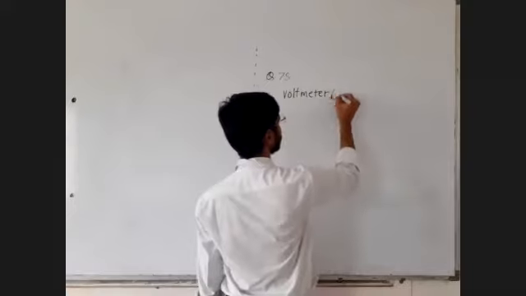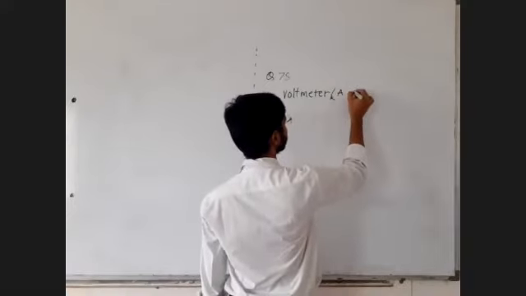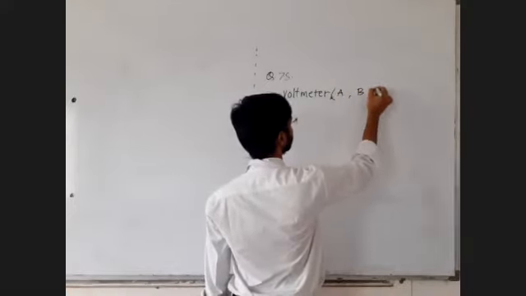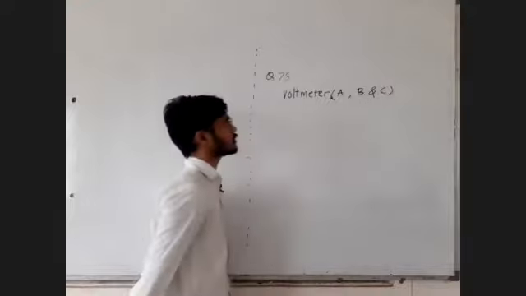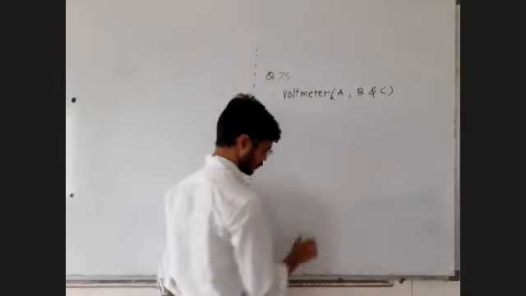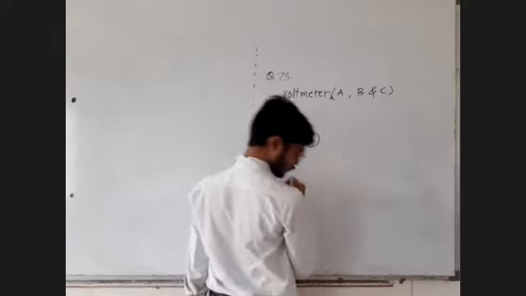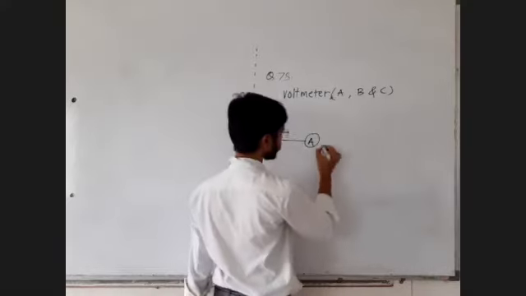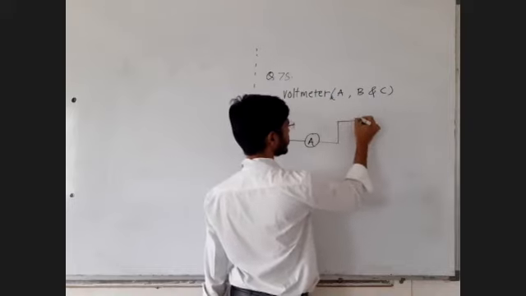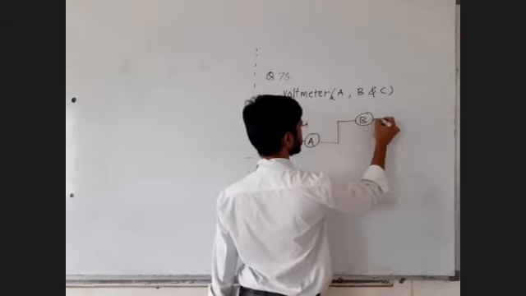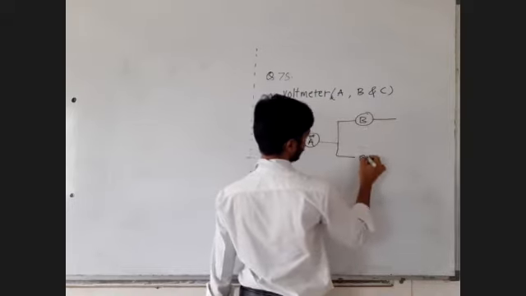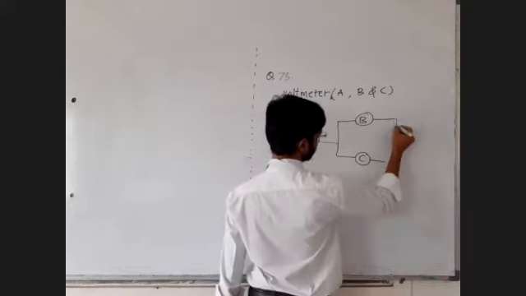But you have three voltmeters, A, B and C, connected in this fashion. A like this, B like this, and voltmeter C like this.